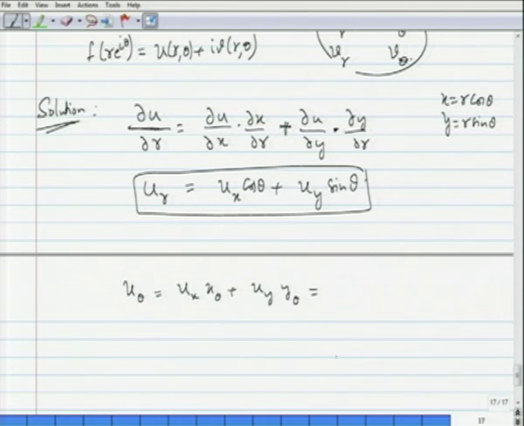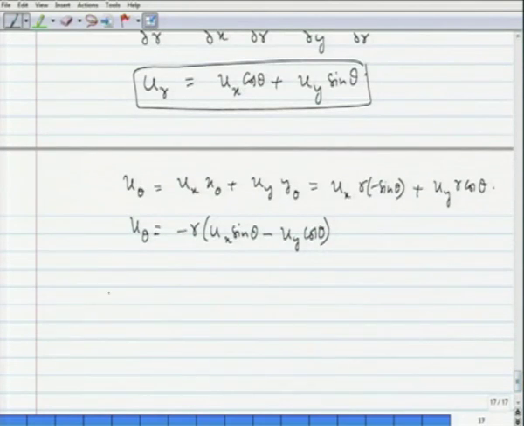So, the derivative of u with respect to x times x theta, the derivative of x with respect to theta is r times minus sin theta, okay, plus u y times the derivative of y with respect to theta, which is r cosine theta. Okay. So, u theta is minus r times u x sin theta minus u y cosine theta.